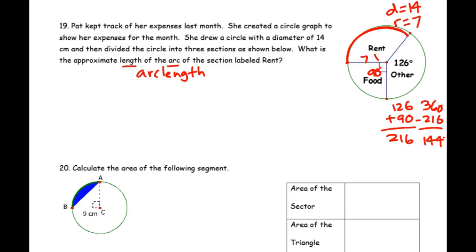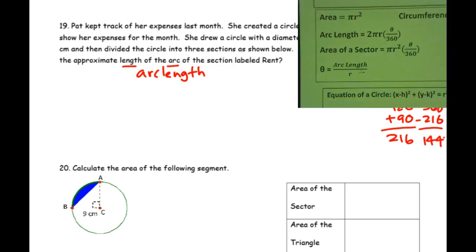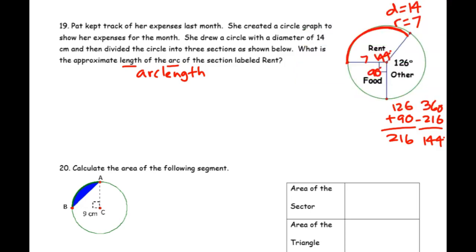Okay, and we can label that in here, 144. So for arc length, again, we're using the formula, 2 pi r theta over 360. So it's going to be 2 times pi times 7 times 144 over 360.